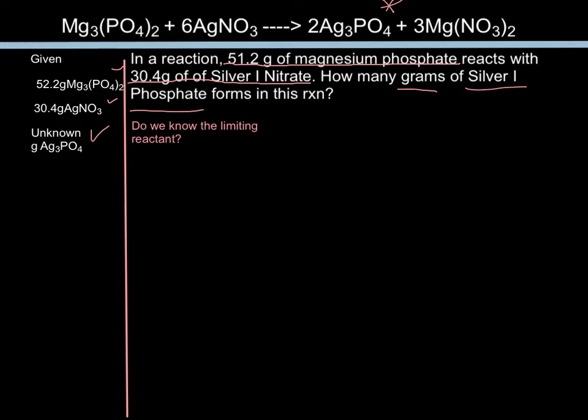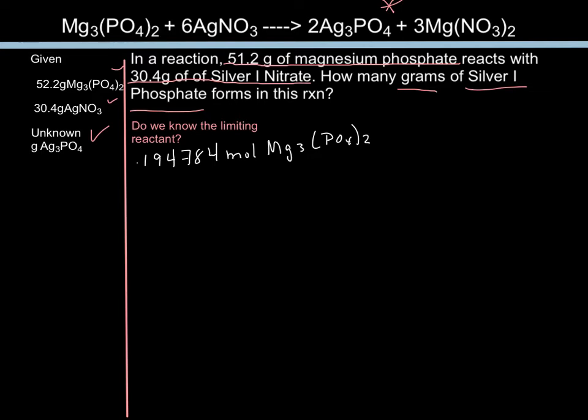Now, lucky for us, we already did a conversion, so we know that we have 0.194 moles of magnesium phosphate.